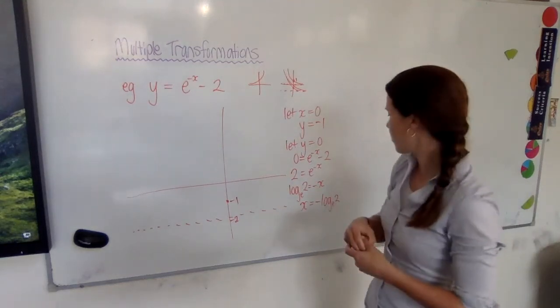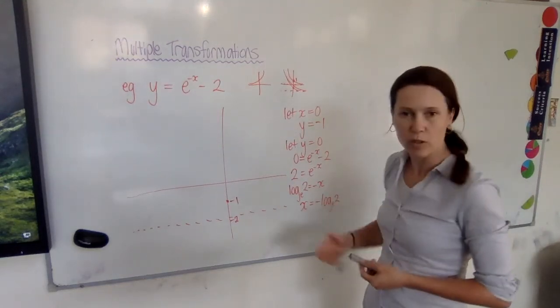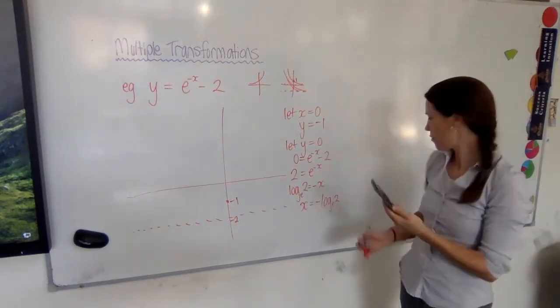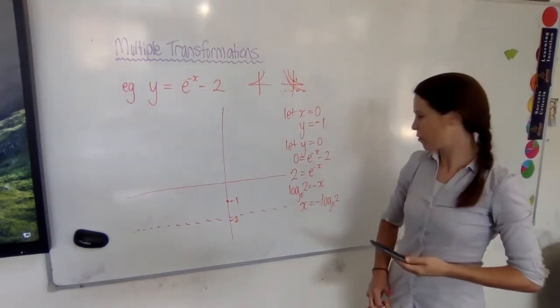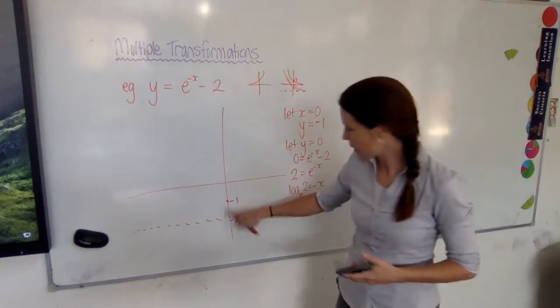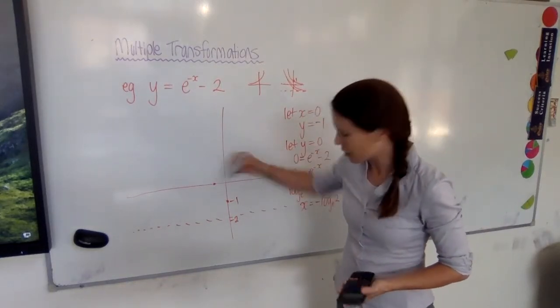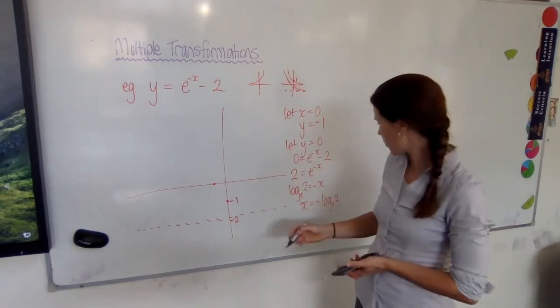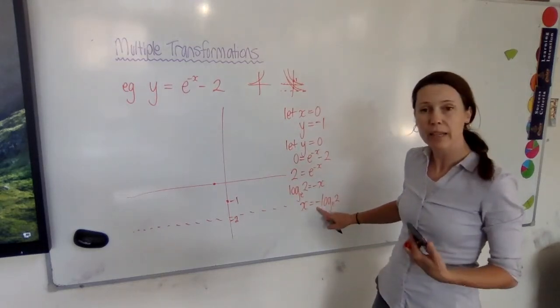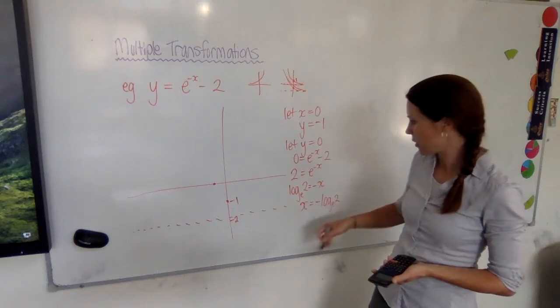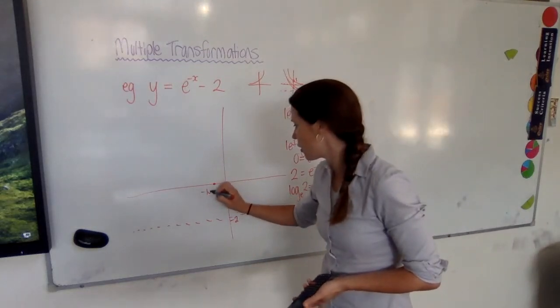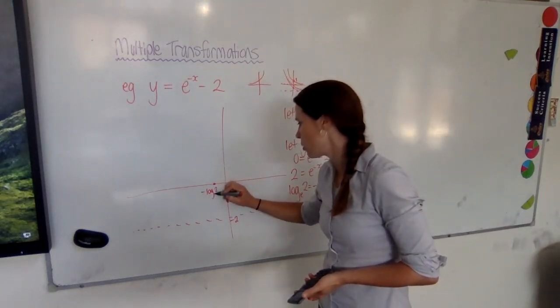Now at this point, it could be handy to grab your calculator and just see what sort of number that actually is. And I find that that's around about negative 0.7. So with my scale here, I know that I'm going to be around about here. It doesn't have to be exact, but if you know it's sort of close, it makes your drawing look a little better. Now I don't want to label it with a decimal. I want to label it negative log of 2 with a base of e.